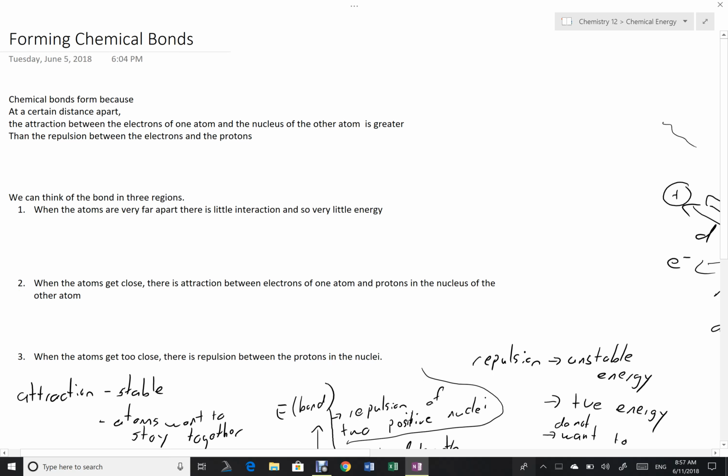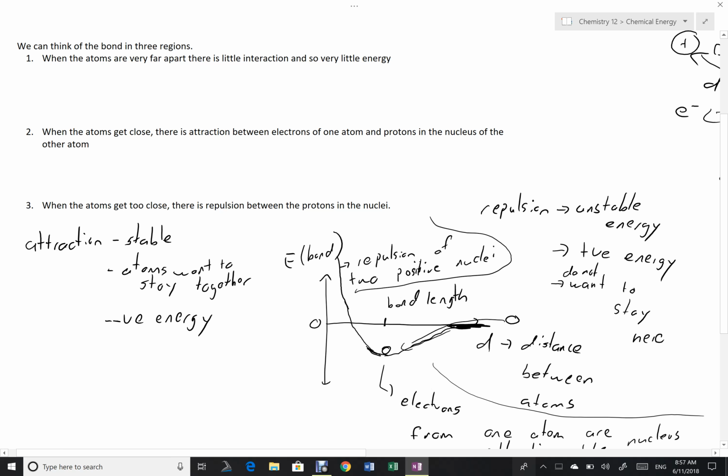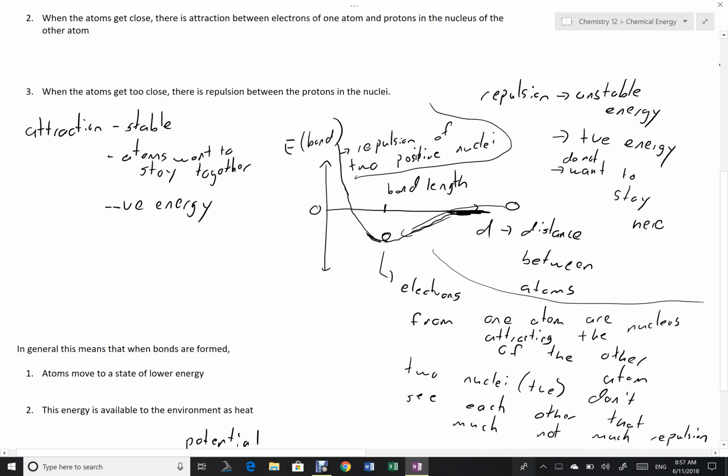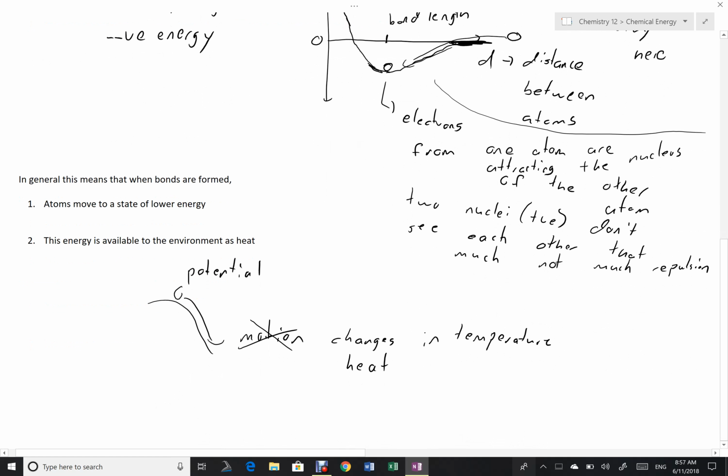So that's the energy in the formation of a chemical bond. When they're far apart, there's little attraction. When they get close together, we get this negative stable energy situation where we have an attraction between electrons and protons. If they get too close together, we get this huge repulsion, and they can't do it. Since most of the time they'll be moving from zero to a negative energy state, that means they're moving to a lower energy state.